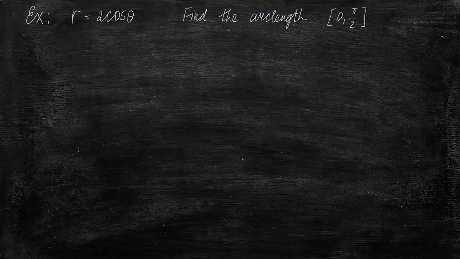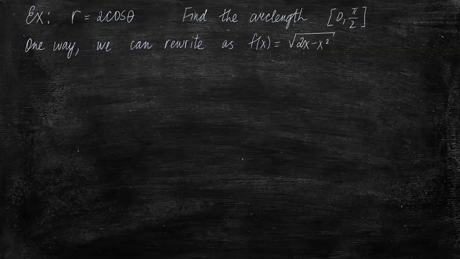So one way to approach this problem is to write the equation in Cartesian form and then use the formula that we already know for finding the arc lengths in Cartesian coordinates. So how do we do this? We can rewrite the equation as f of x, and you can check yourself that this is indeed the same equation.